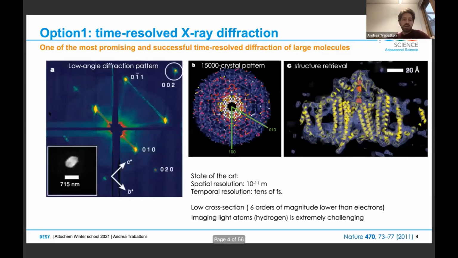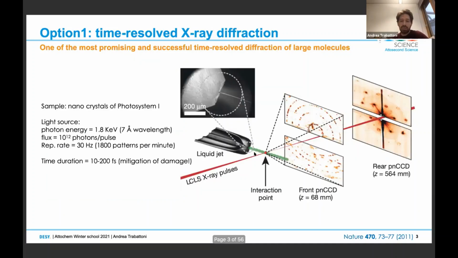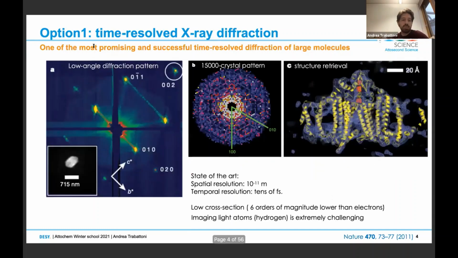With this method, after the interaction, they were acquiring the scattering pattern, the Bragg peaks, at large angles in the near field and at small angles in the far field. Here you can see an example, a low angle diffraction pattern with the Bragg peaks from this nanocrystal.